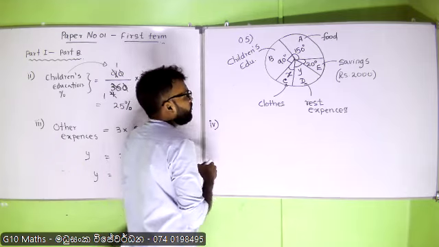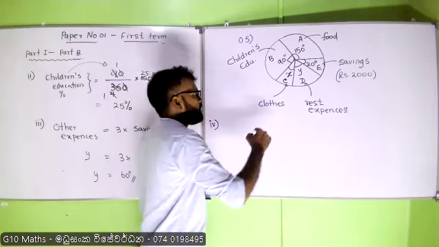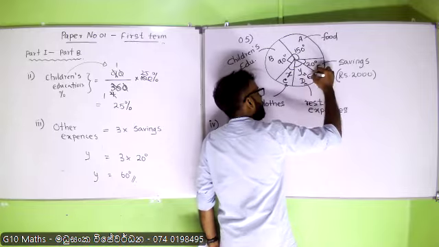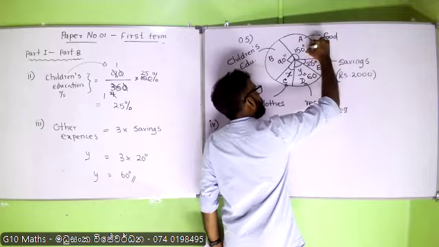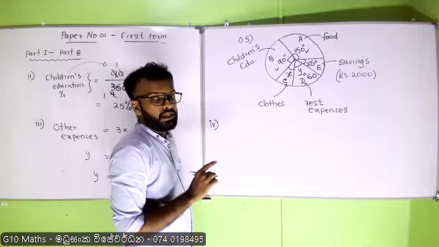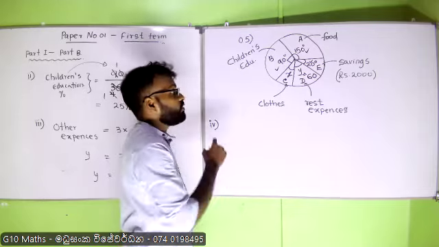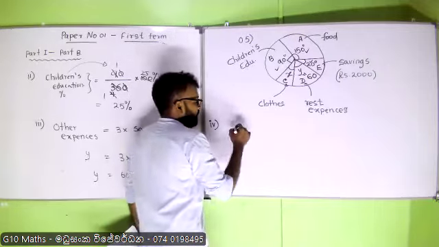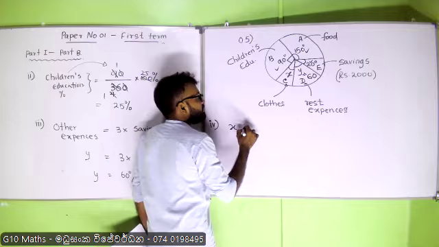Now you know what y is. You know this degree, 60 degrees. You know 20 degrees, 150 degrees, 90 degrees. Do you need the knowledge of pie charts or data representation to find the value of x? No. Grade 8 or grade 7 knowledge.